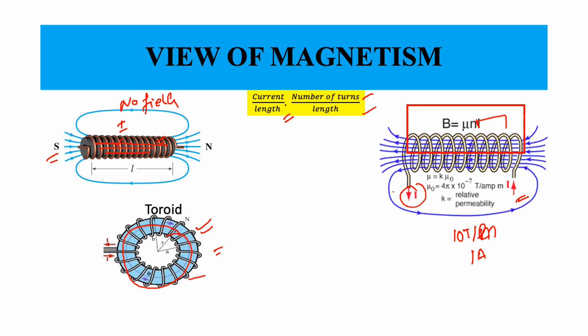These are not actual values, just to give you an idea. So here, if the number of turns is 10 per meter, and suppose I assume 10 ampere, then the current per meter will be 10 into 10, that is 100 amperes per meter.